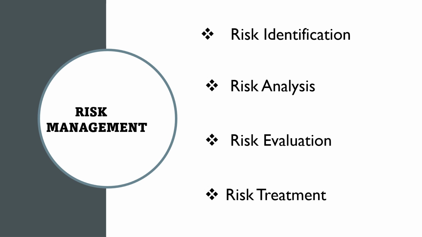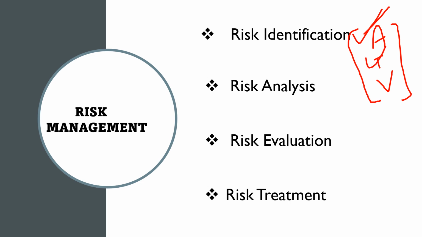What is risk identification? Risk identification means how we can identify the risk: by identifying the asset, by identifying the threat, and by identifying the vulnerabilities. So under risk identification, these are the options: asset identification, threat identification, and vulnerability identification. Under risk analysis, we can check the level of impact after identifying the assets.